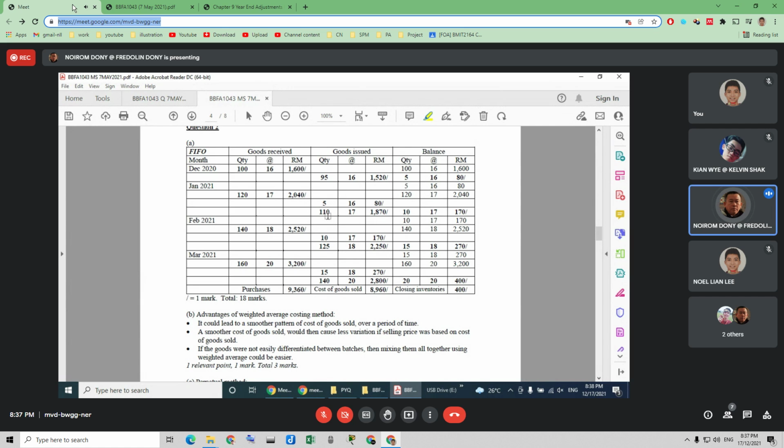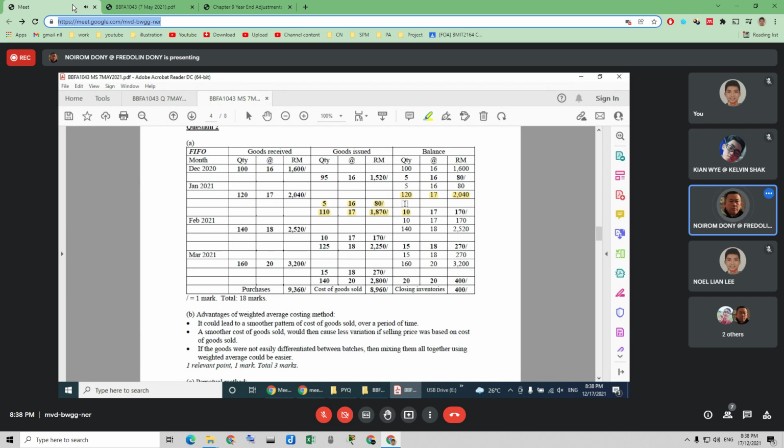So that's why 110, and then record the cost price as 17 coming from here, and then times, so you get 1,870. Then update your balance. So you have available 120 and you issue 115. The 5 is already issued all, so no more balance here.